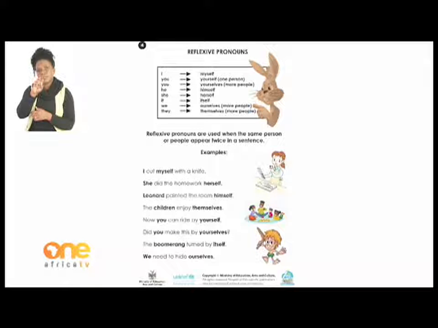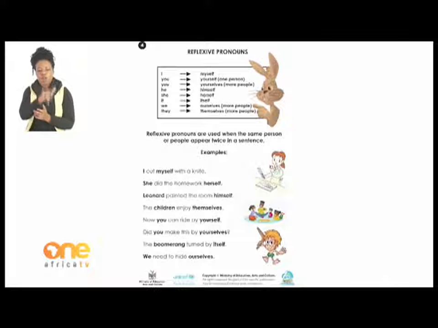Now, self refers to one thing, and selves refers to more than one. All right, now the examples in the box are I. I is a personal pronoun. So when you refer it to a reflexive pronoun, it becomes myself.